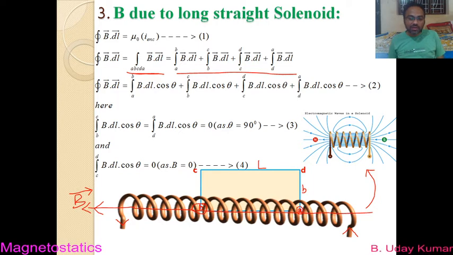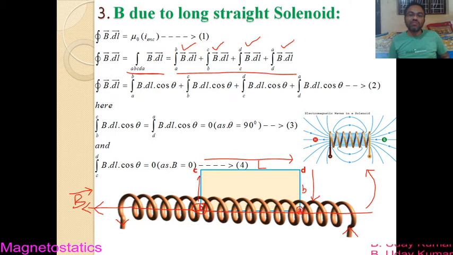And the next I can write as the line integral of magnetic field from B to C, which is mentioned here. And again the line integral of magnetic field along C to D is mentioned by this mathematical form. And again the line integral of magnetic field from D to A is mentioned by this form. So the total line integral of magnetic field around a closed path can be split into 4 parts and written like this. This is what you have to understand.